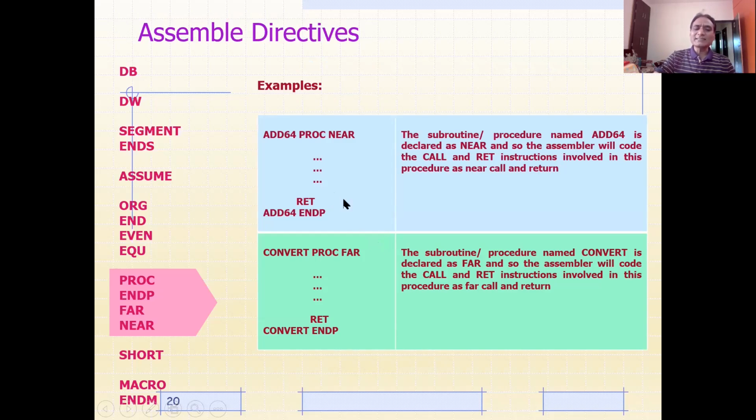This can be near or far, as I mentioned earlier. Near means you can see add 64 PROC near, then add 64 NP, and this return is the end of the 8086 instruction. This is the difference between call and jump instruction. In case of jump, once the control is transferred to a subroutine, it's not going to come back because it doesn't have a return instruction.